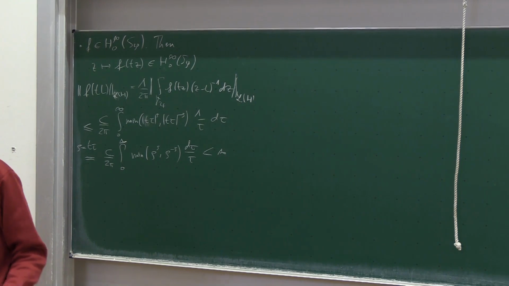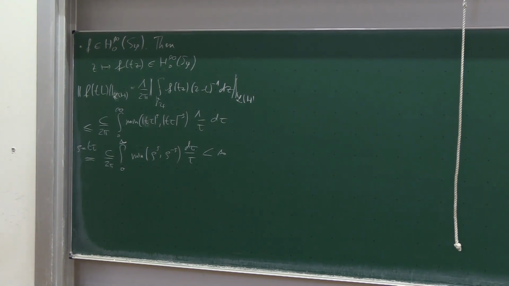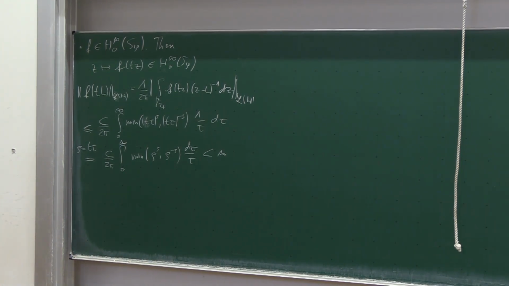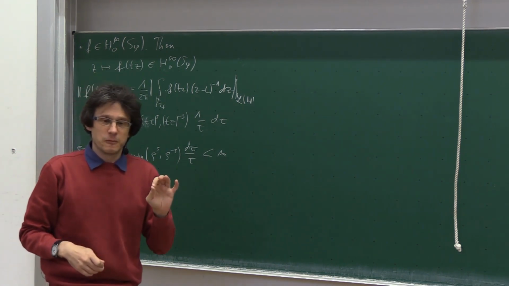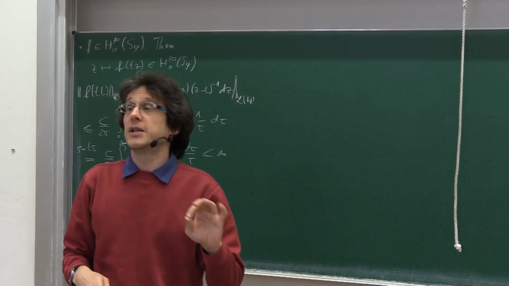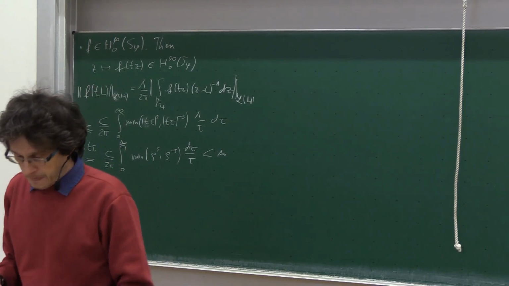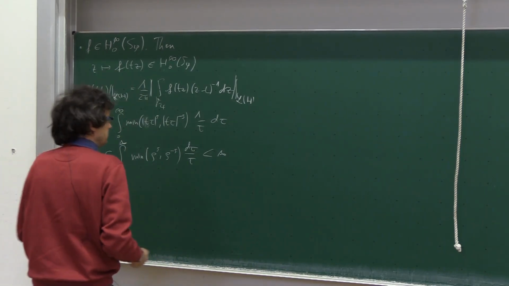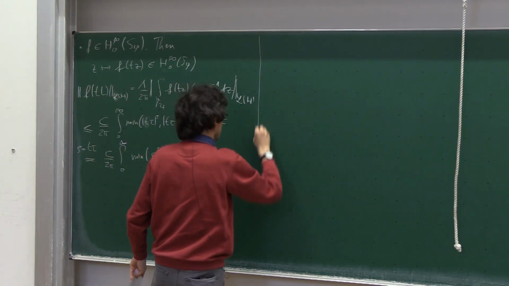But I just wanted to make the point that this is something to be cautious. Always keep in mind that if you change the operator, you have a completely new functional calculus. Okay, so that as a side remark.